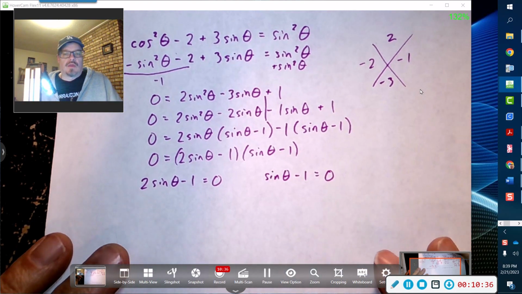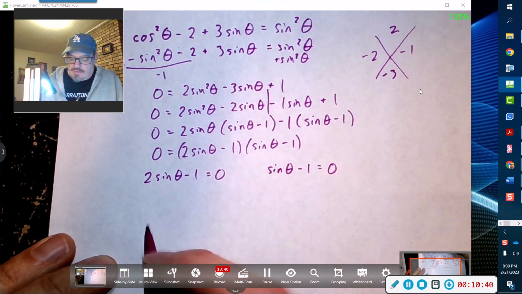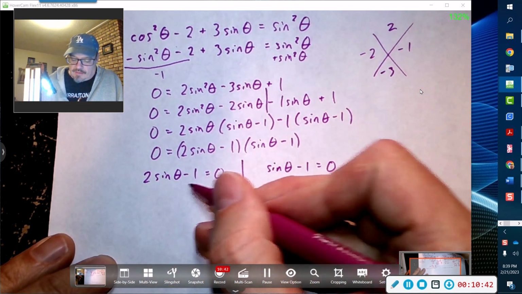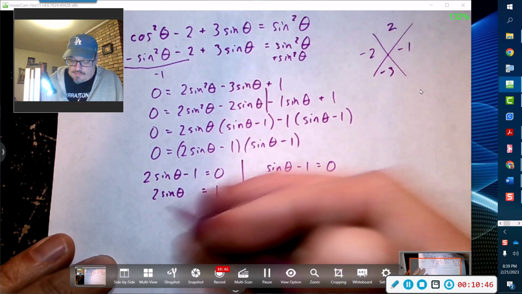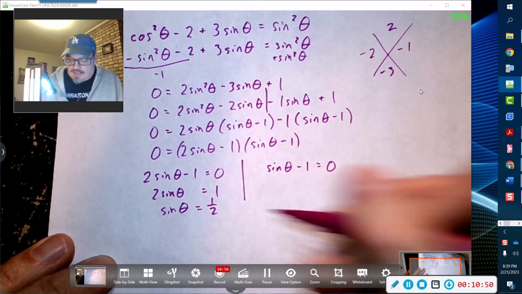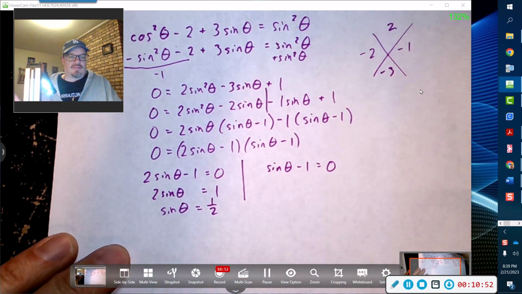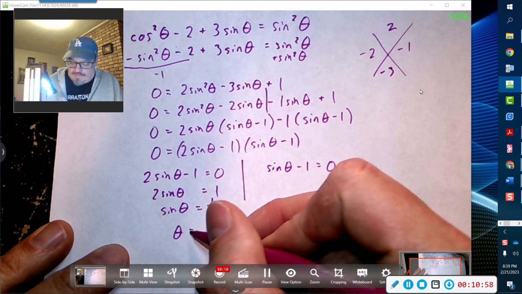Okay. All right, so let's go ahead and then move, let's solve this part first. Okay, so we're going to move that guy over. 2 sine theta equals 1, divided by 2. All right. Kind of just feels like, maybe just because I've helped you guys out, I just kind of see that kind of the same patterns fall with this stuff.